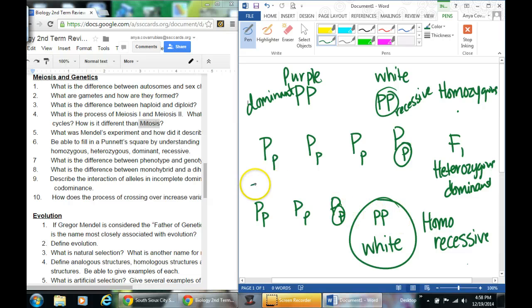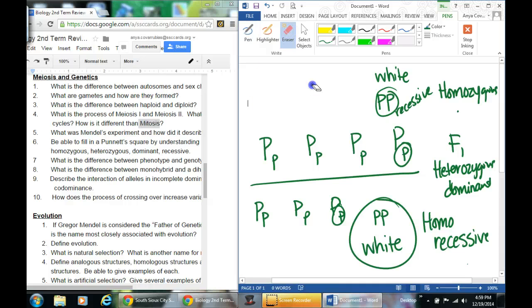Just because they were all purple didn't mean they didn't carry the ability to become white. This was how our law of segregation was formed by the crossing of these. And he used the Punnett square to do these probabilities.